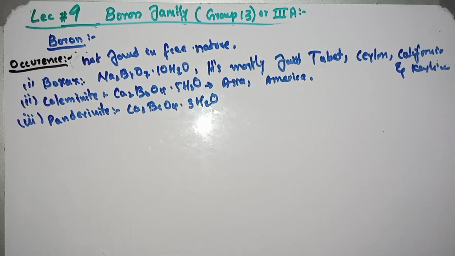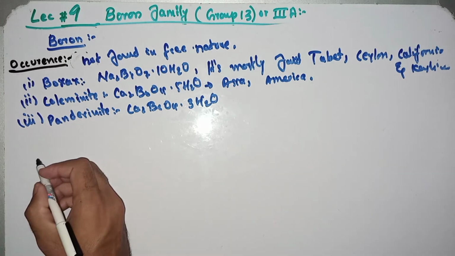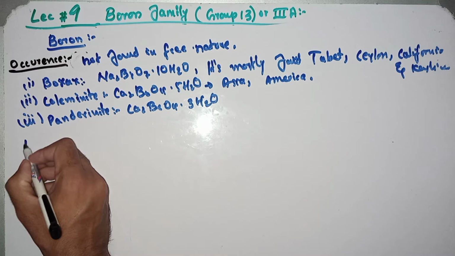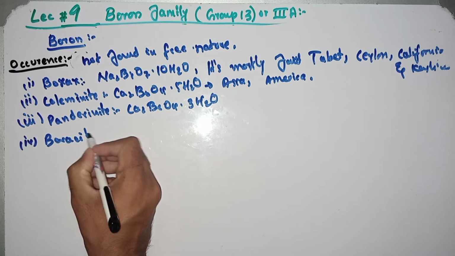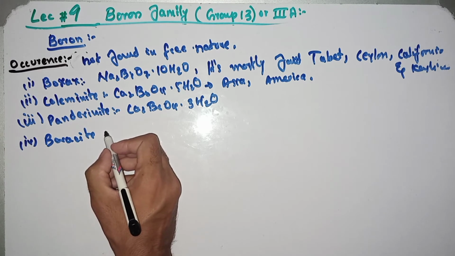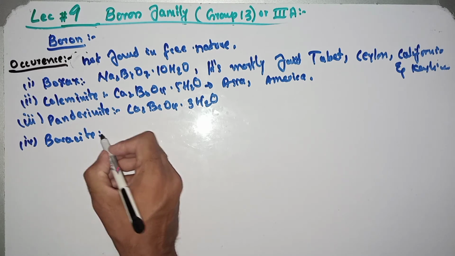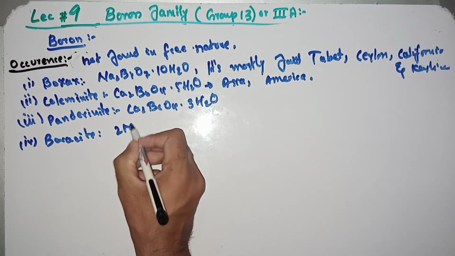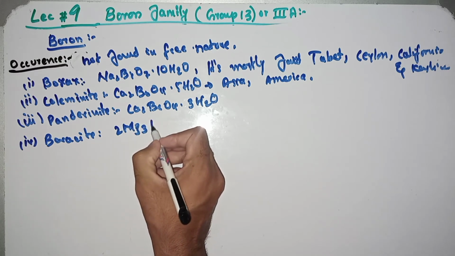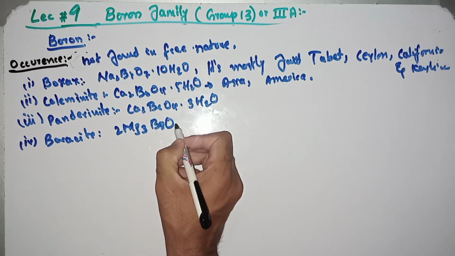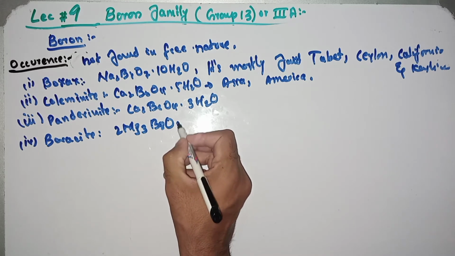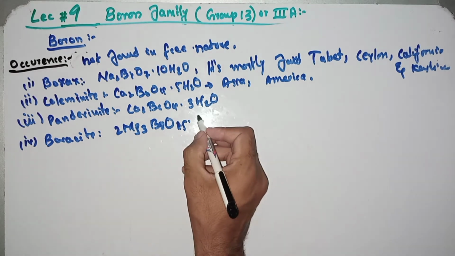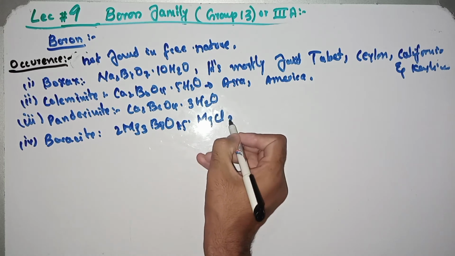Also, boron can be found in the form of boracite. An example of boracite is 2Mg3B8O15.MgCl2.